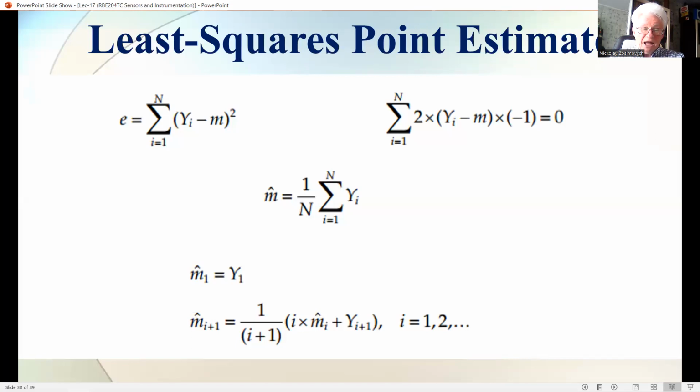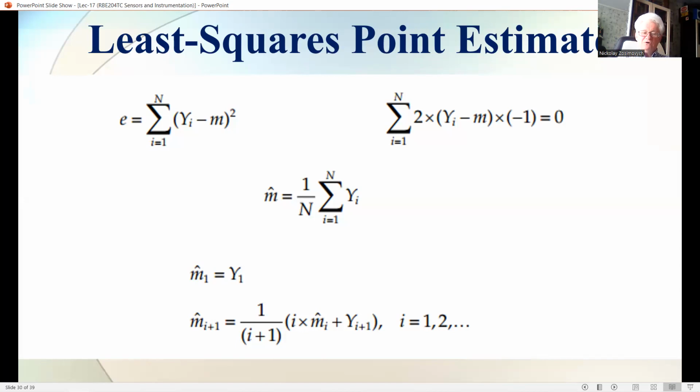In least squares point estimation, an unknown constant parameter is estimated using a batch of measurements, certainly with error, such that the SSE between the data set and the estimated value is minimized.